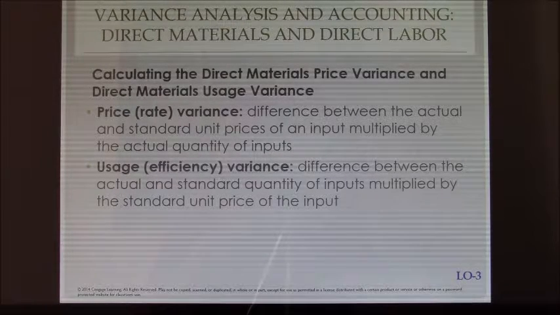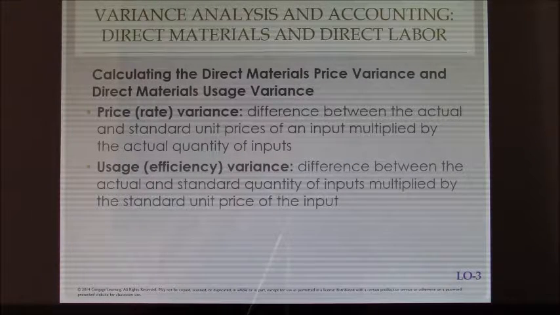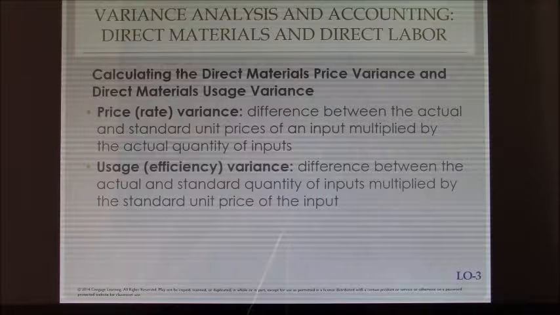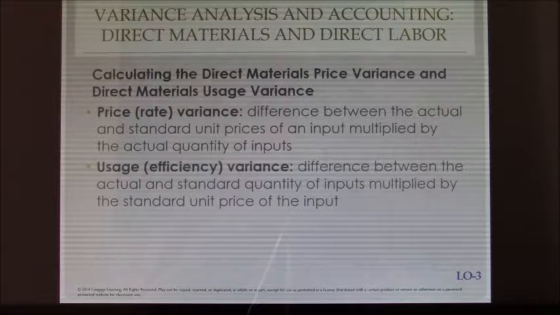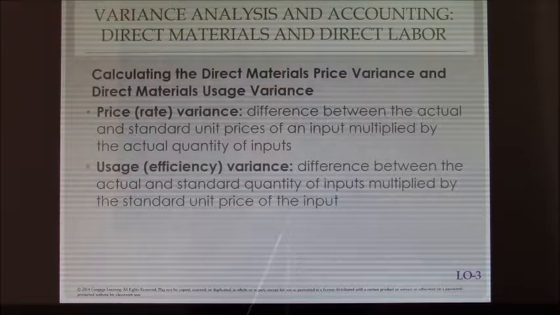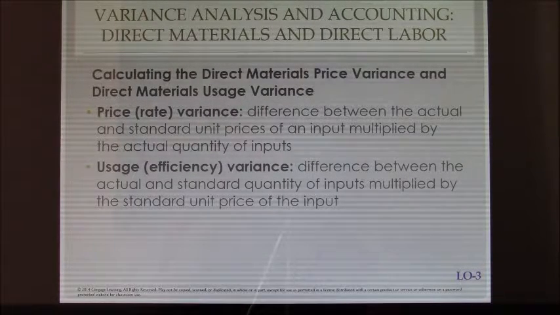So direct materials, let's suppose you spent more for direct materials than you thought you did. They can be wrong and off. There can be a variance in two different ways. Either your rate was wrong or your efficiency was off. In strawberry yogurt, we use 8 ounces of strawberries, right?